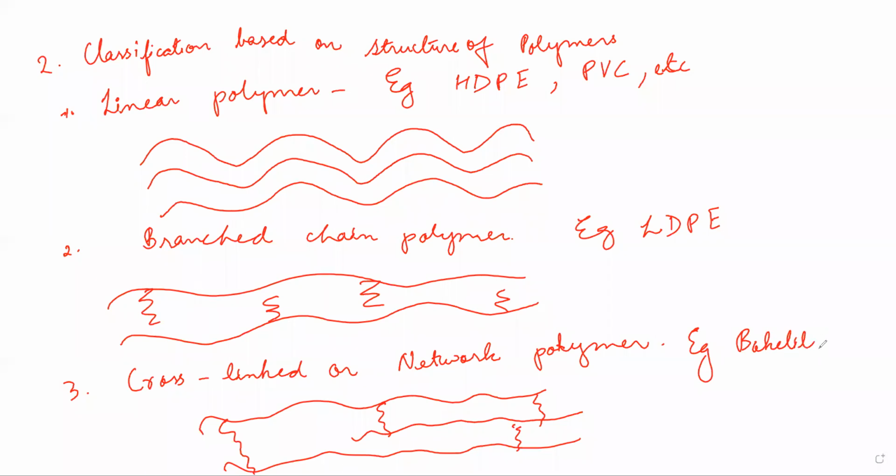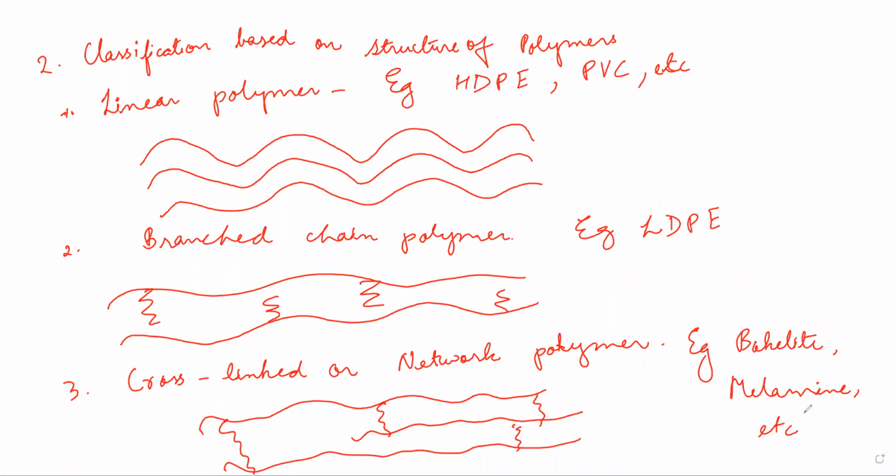Example, you will find bakelite, melamine. When I say all these words, don't get scared, because these words will be explained to you later, why they have this kind of name.